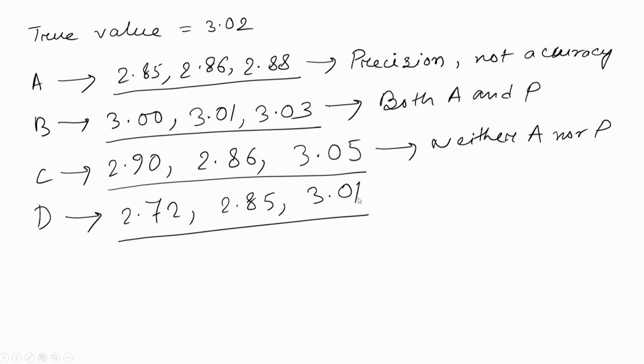But these points are not close to each other. So we can say that this person has achieved accuracy but not precision. Okay. So when we conduct some experiment, we try to achieve both these cases. Both accuracy and precision should be tried to be achieved. Okay. So this was the concept of accuracy and precision. Now we will study about significant figures.